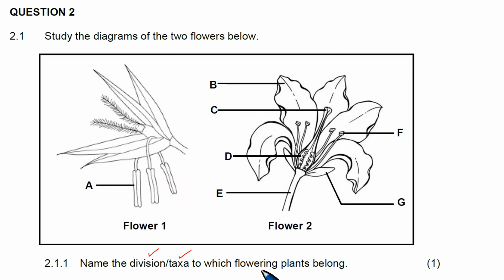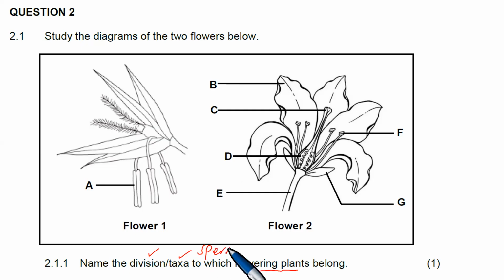Or we call it the taxa, like a taxonomy, a division or a taxonomy. It's a level to which the flowering plants belong. Okay, I'm sure you know that. There are certain plants that are called the flowering plants. Where do they belong? To which taxonomy, or to which division, to which level? So they belong to what you call the spermatophytes.